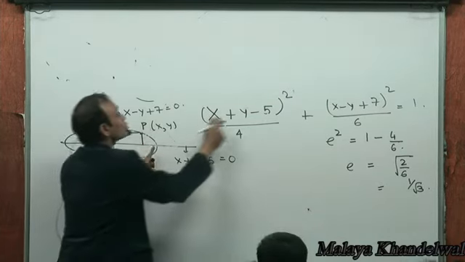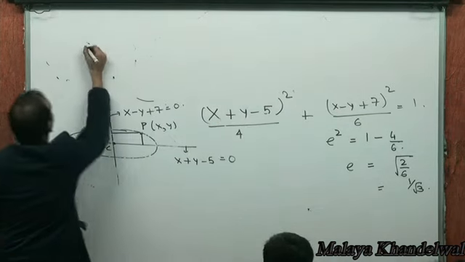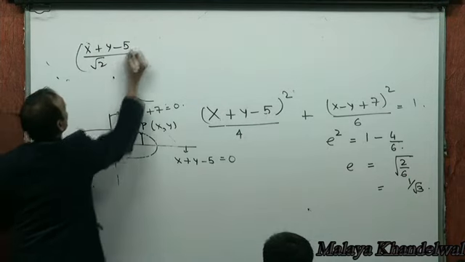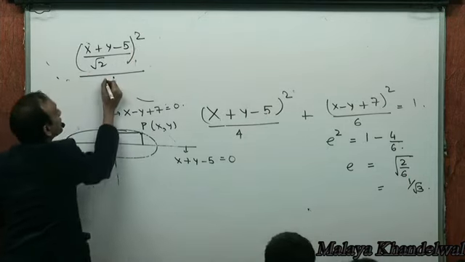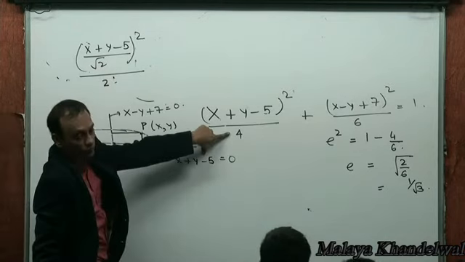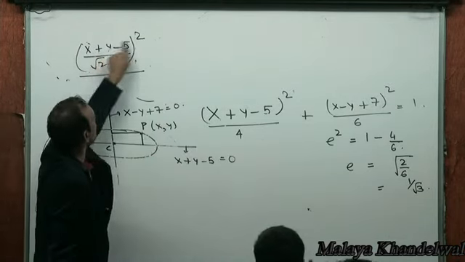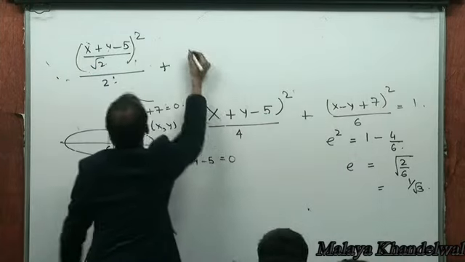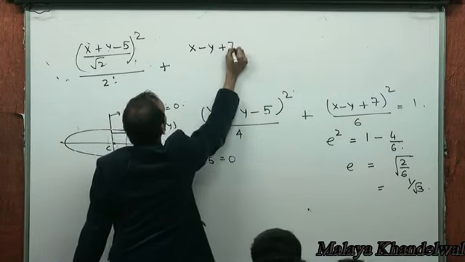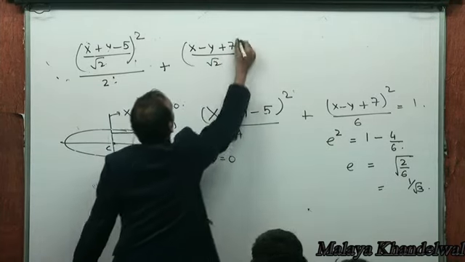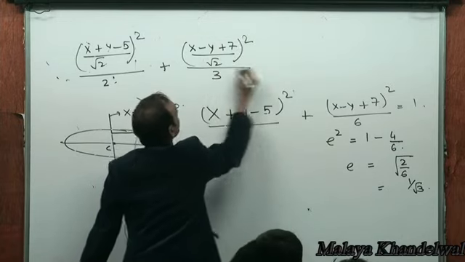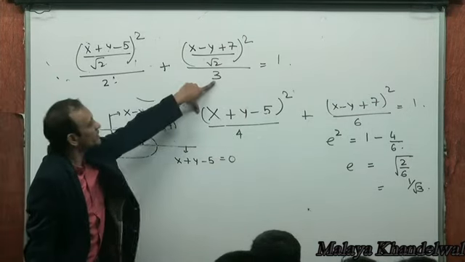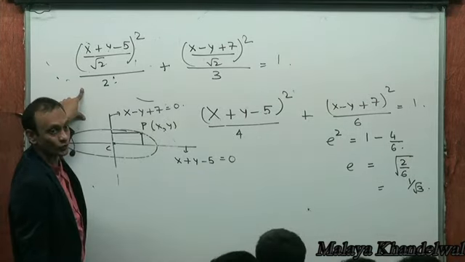So the distance of (x, y) from this line is (x + y - 5) by root 2, whole squared, divided by 2, plus the distance of (x, y) from this line, (x - y + 7) by root 2, whole squared, by 3. That must be 1. Now a² will be 3 and b² will be 2.